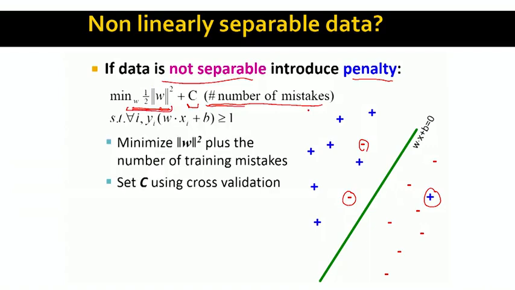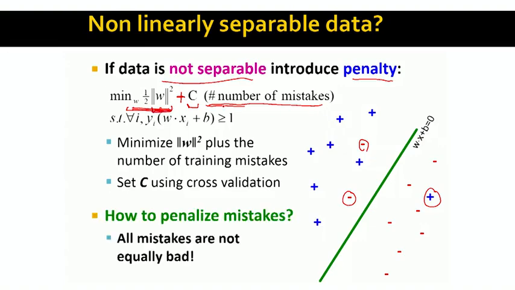So the idea, in a sense, is that minimizing W gives us the line that has a high margin, while the second part of the optimization problem, the one on the right, wants to control for the number of mistakes. We will set the value of C, and the goal is to find a separating hyperplane, a line, that both has a good margin and makes a small number of mistakes.